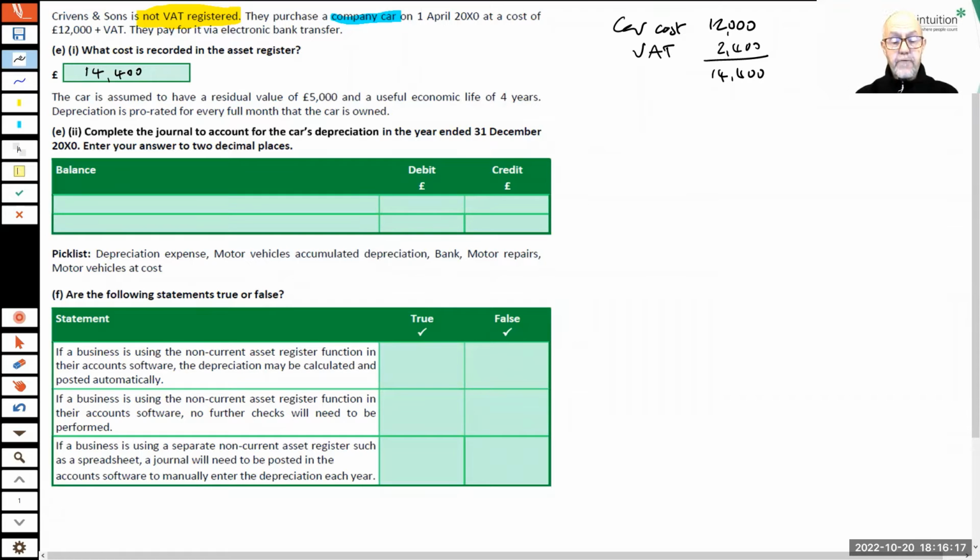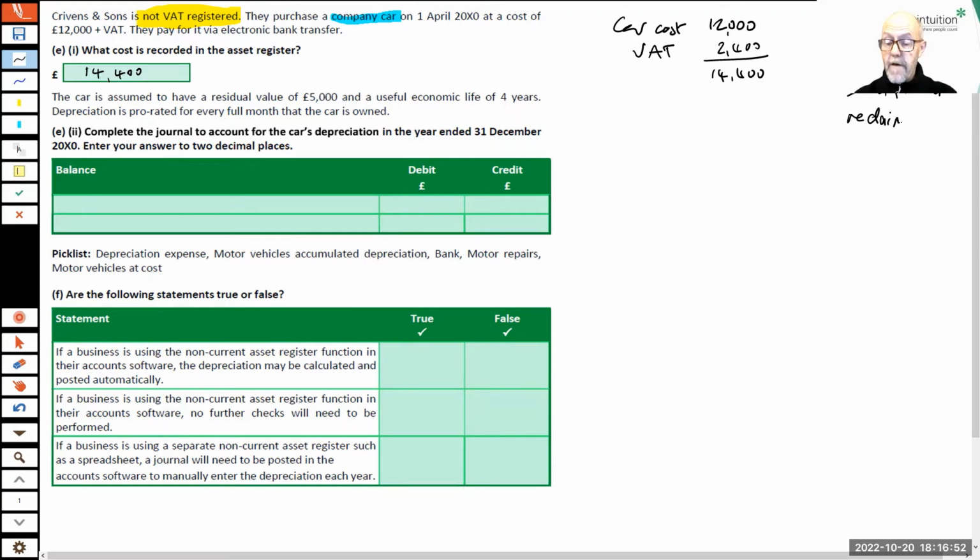The gist of which is, if there is any personal use, so if they say we've bought a new company car for the sales manager, and as well as visiting clients, he's going to go off home at the weekends and use it for his shopping and go away on holiday with it, if there's any personal use, as a general rule, the VAT is not reclaimable, whether the business is VAT registered or not.